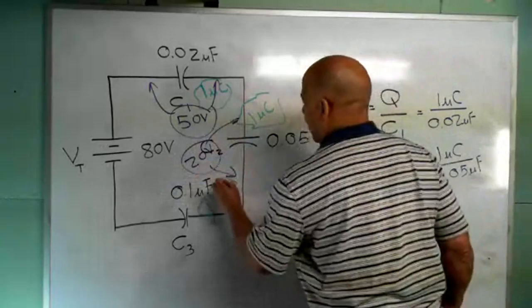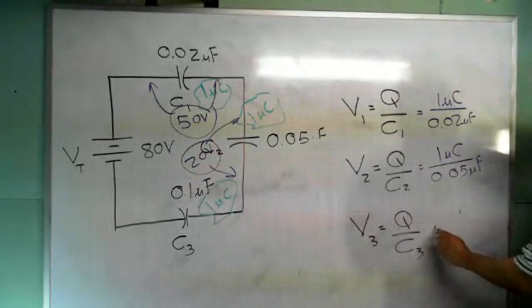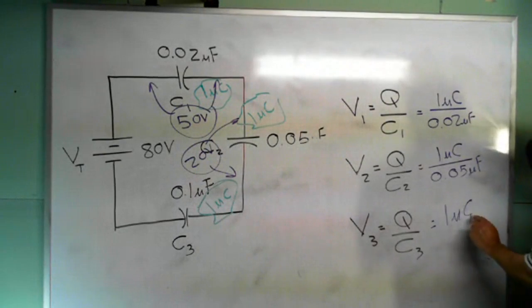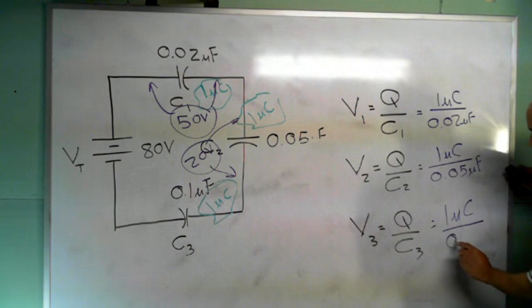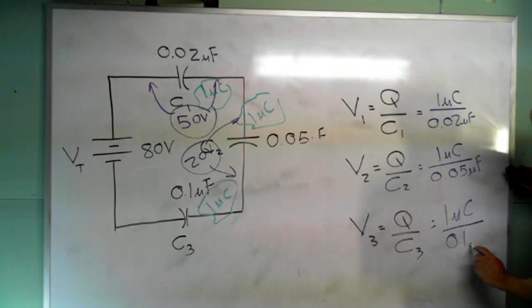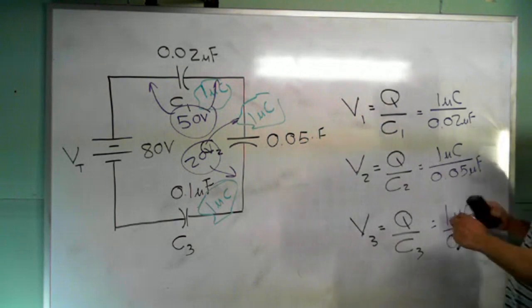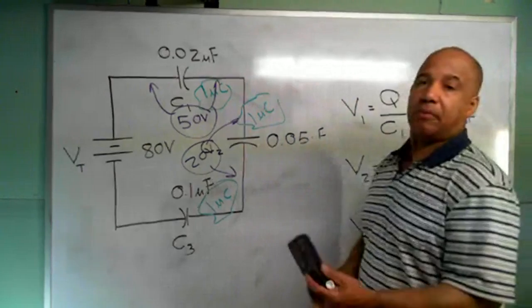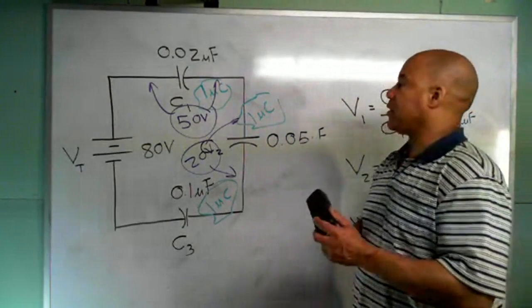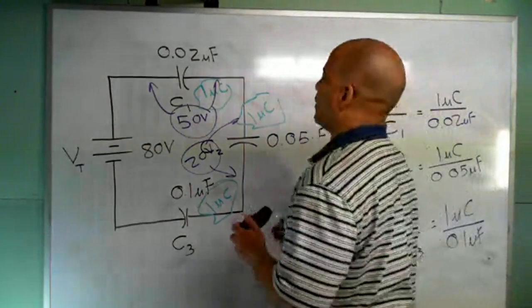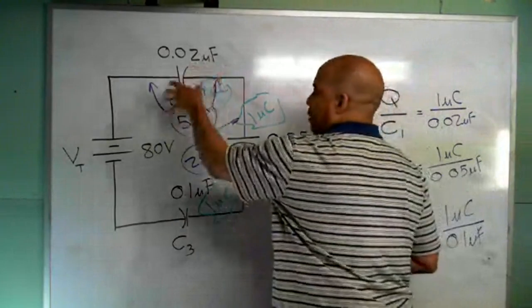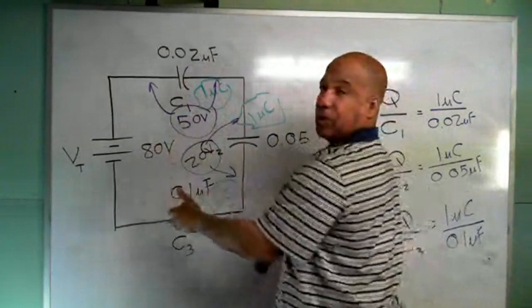Now at this point, I can do the same thing. I can say I have 1 microcoulomb divided by 0.1 microfarad if I want to. Or remember Kirchhoff's voltage law? It says that if I have resistors in series, the voltage drops across all of them have to add up to the total.